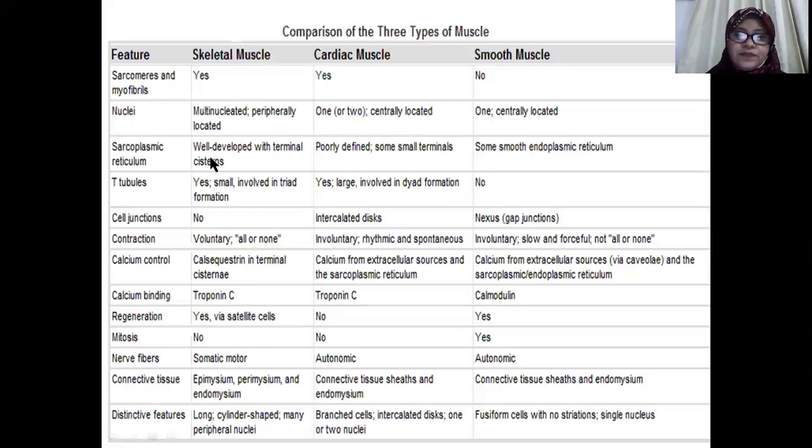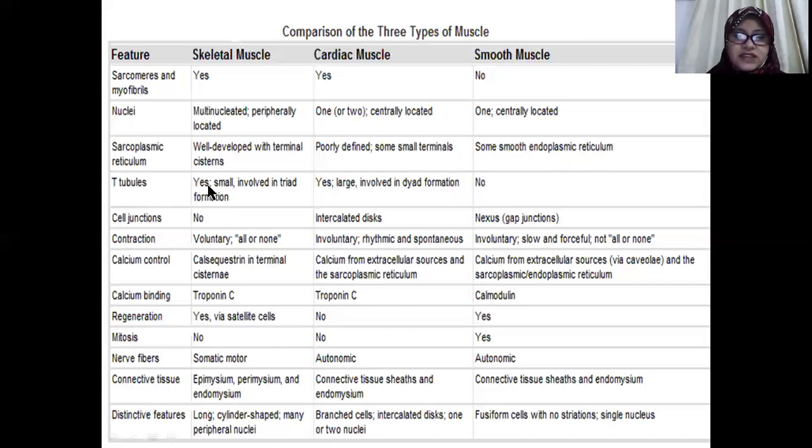Sarcoplasmic reticulum is well developed with terminal cisternae in skeletal muscle. In cardiac muscle, it is poorly defined and some small terminals are present, and in smooth muscle, some smooth endoplasmic reticulum is present.